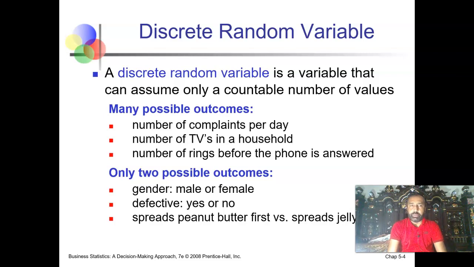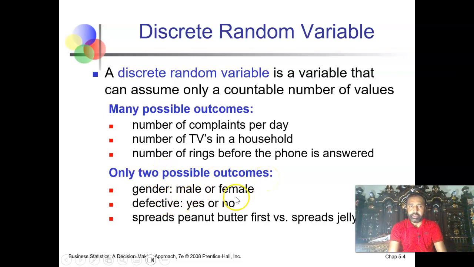Other examples of discrete variables having more than two outcomes are number of TVs in a household, number of rings before the phone is answered. All these variables have more than two outcomes. And the second type of discrete random variable is a variable which can take only two values.